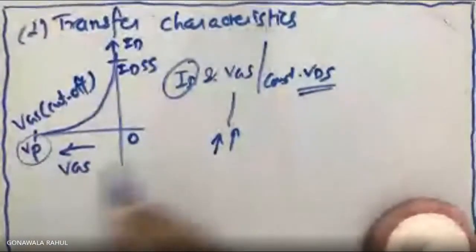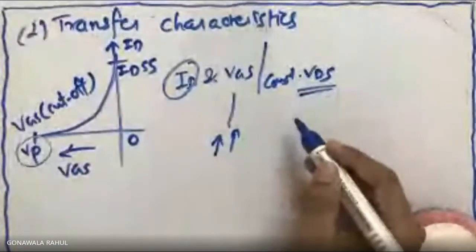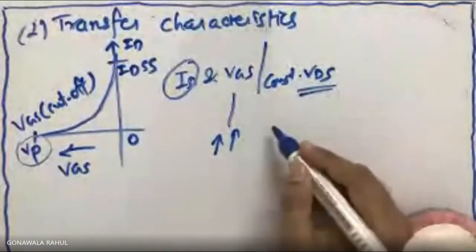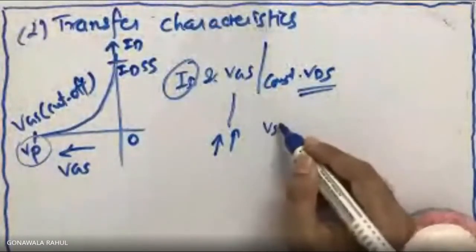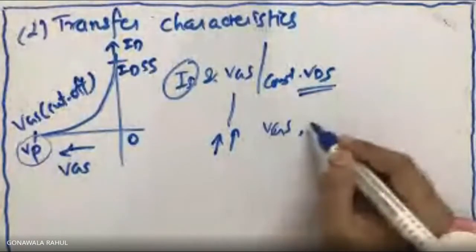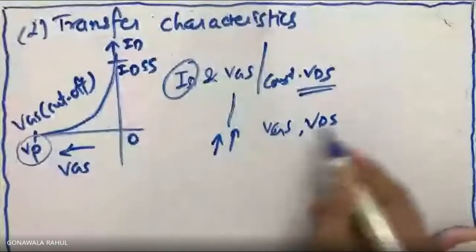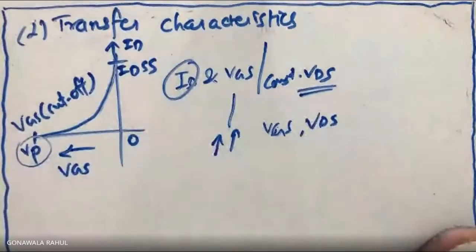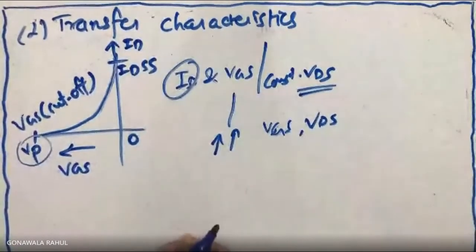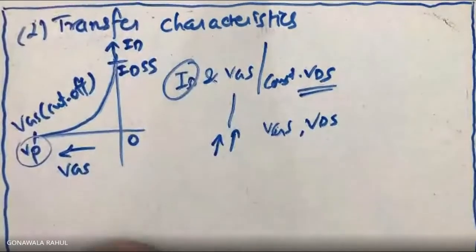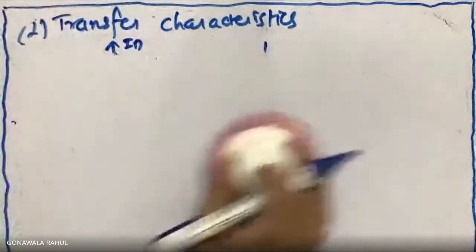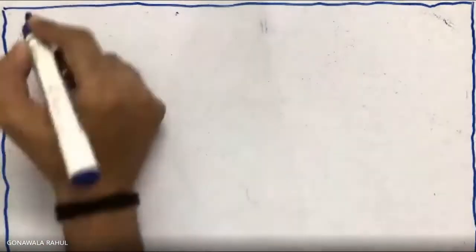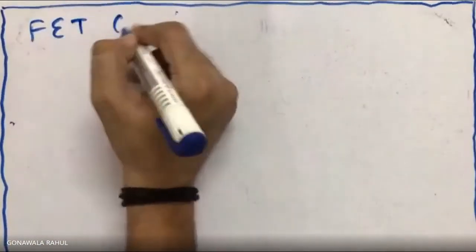For a P channel JFET, the carriers are holes, and the polarities of VGS and VDS are reversed. Operation and characteristics are similar for N channel and P channel JFETs. So these are the characteristics of a JFET. Now we will see various FET configurations.